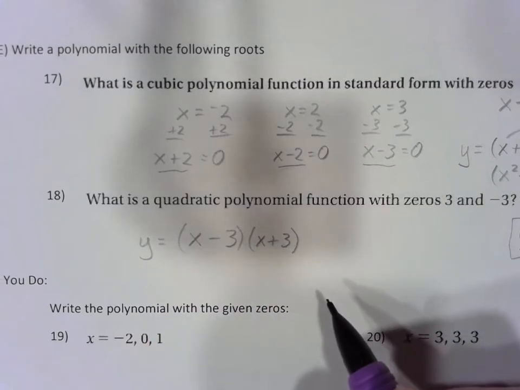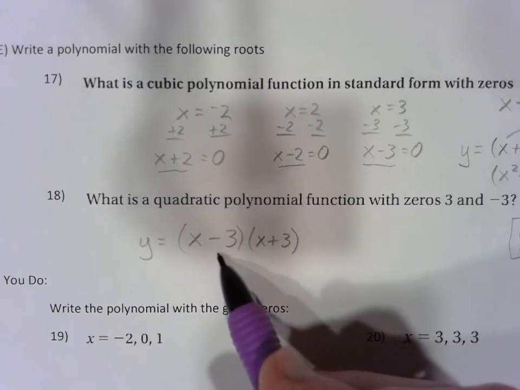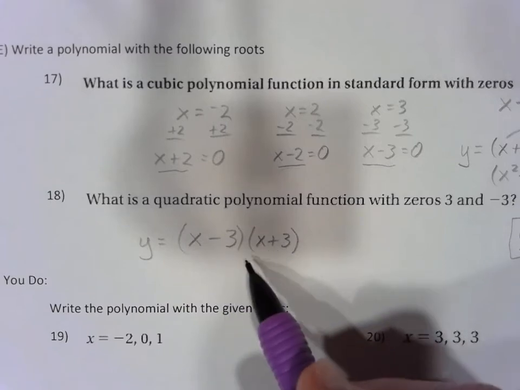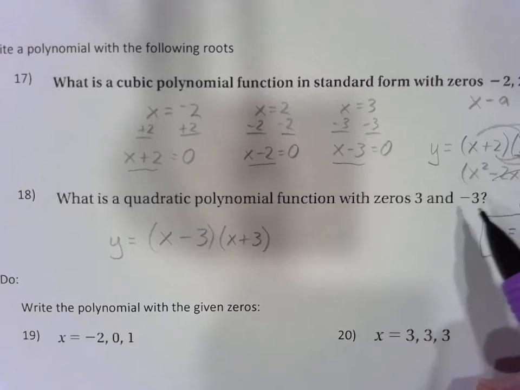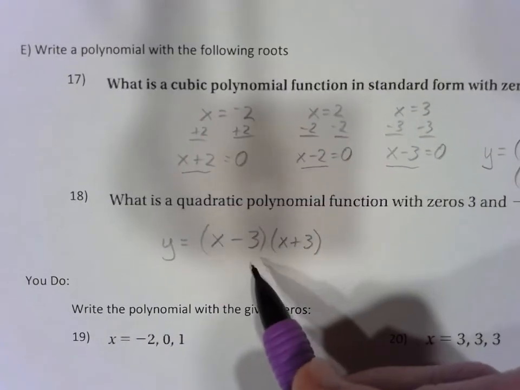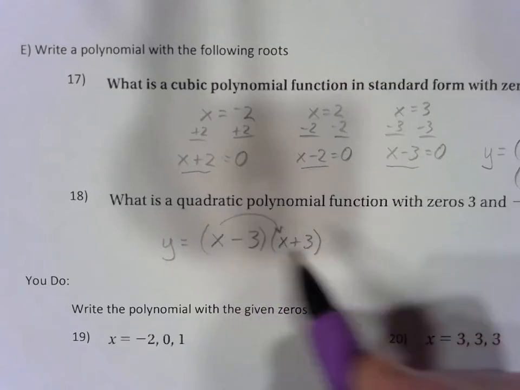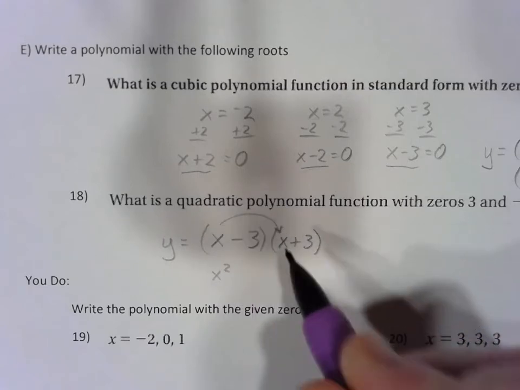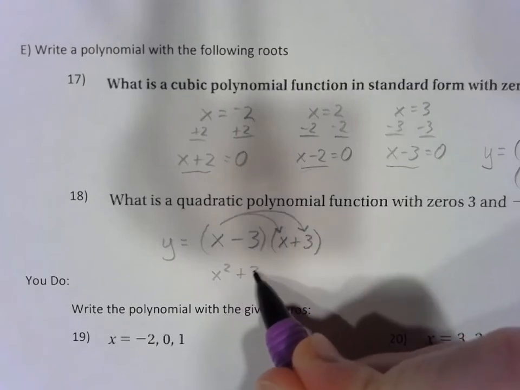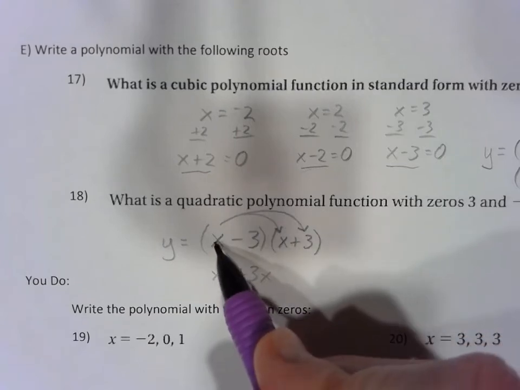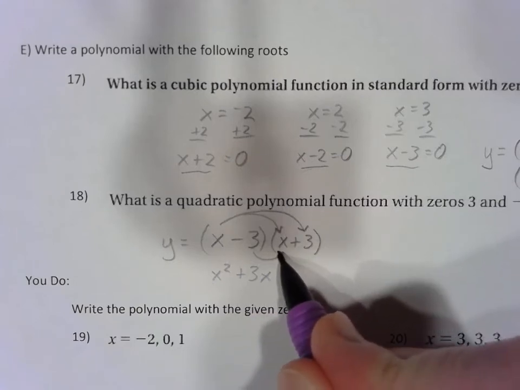And so to put this into standard form now, notice if you set each of those equal to 0 and solve, you'll get 3 and negative 3 as our zeros. To put it into standard form, x times x is x squared. X times 3 is 3x. So I distributed the x through. Now I take the negative 3 and distribute that.